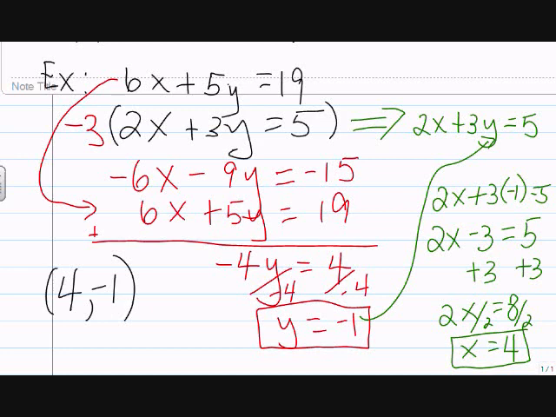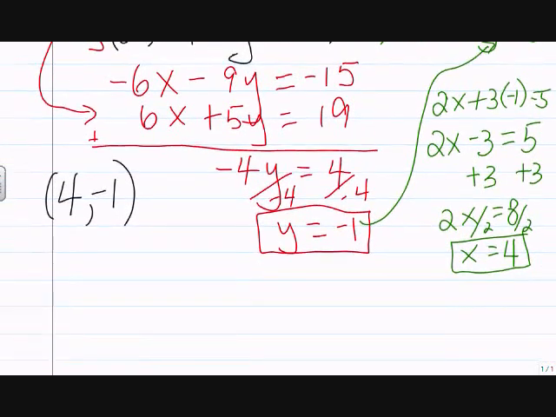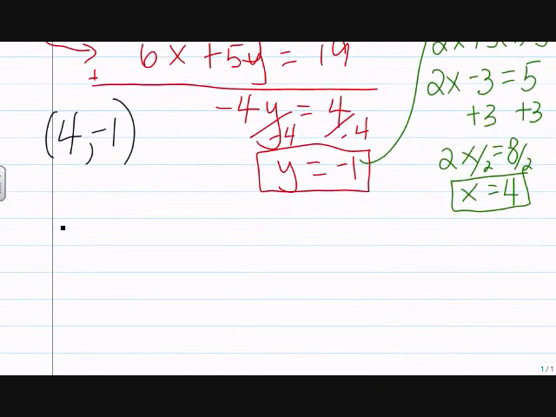Okay, we'll do another one of these. I've got quite a few examples here. I want to make sure I get easy numbers. I'll explain my thinking as I go through.